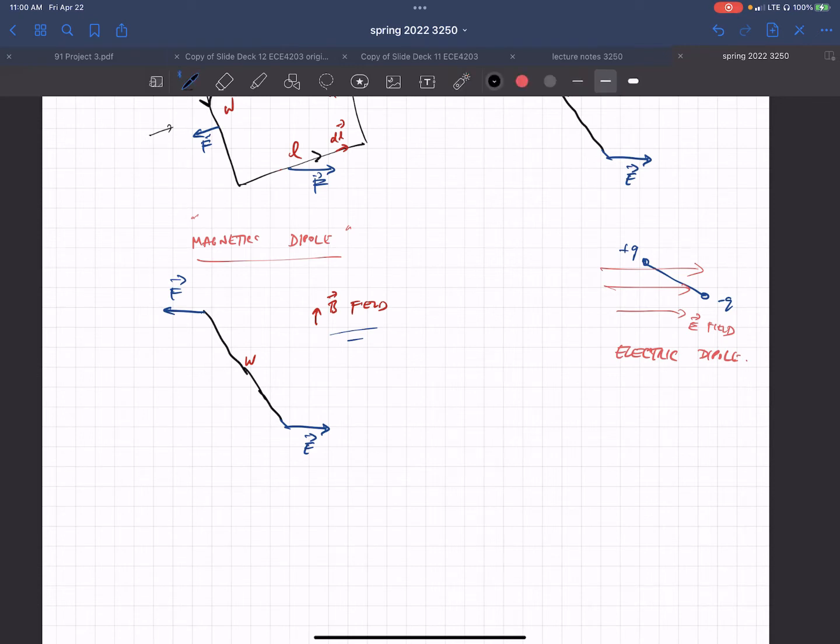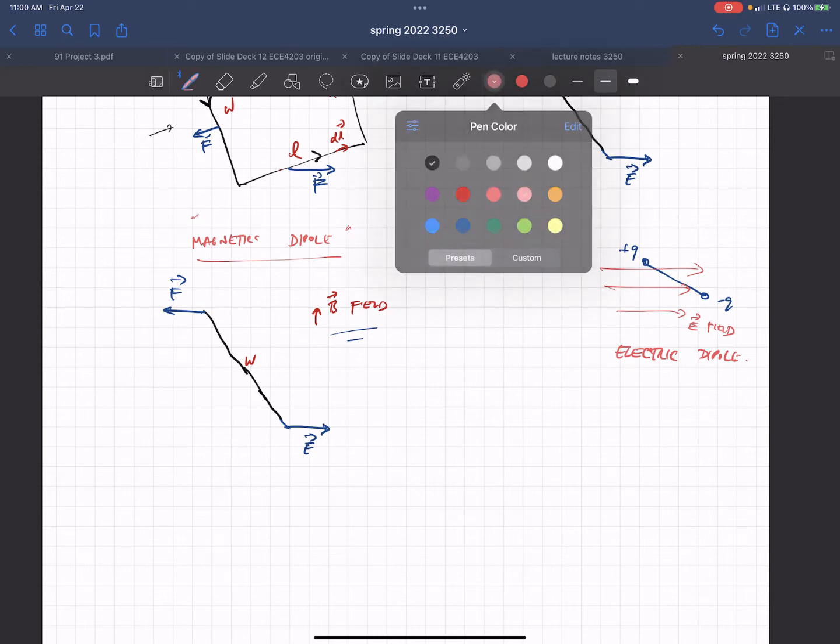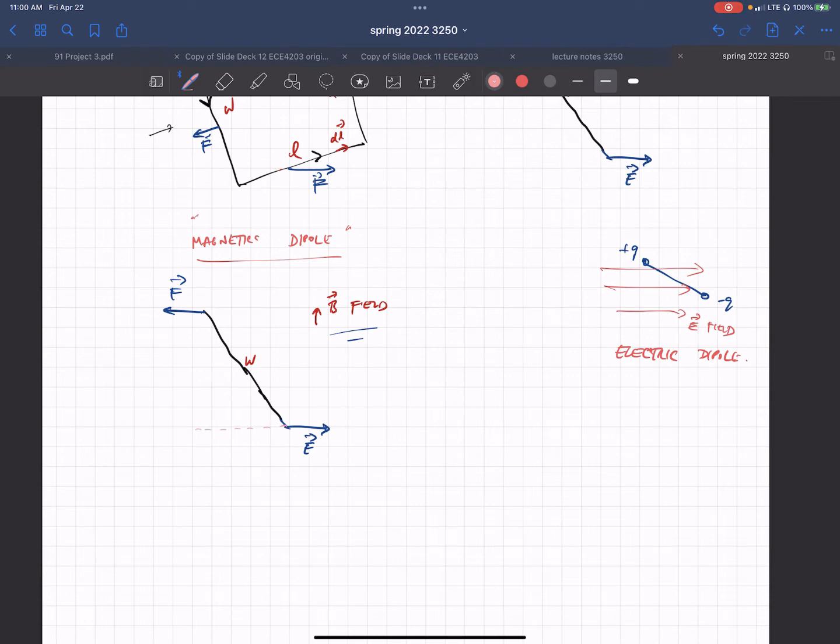So to do that, first let's define some angles. Let's call this theta. And let's call this the area vector. Okay, so again, B field is pointing this way.